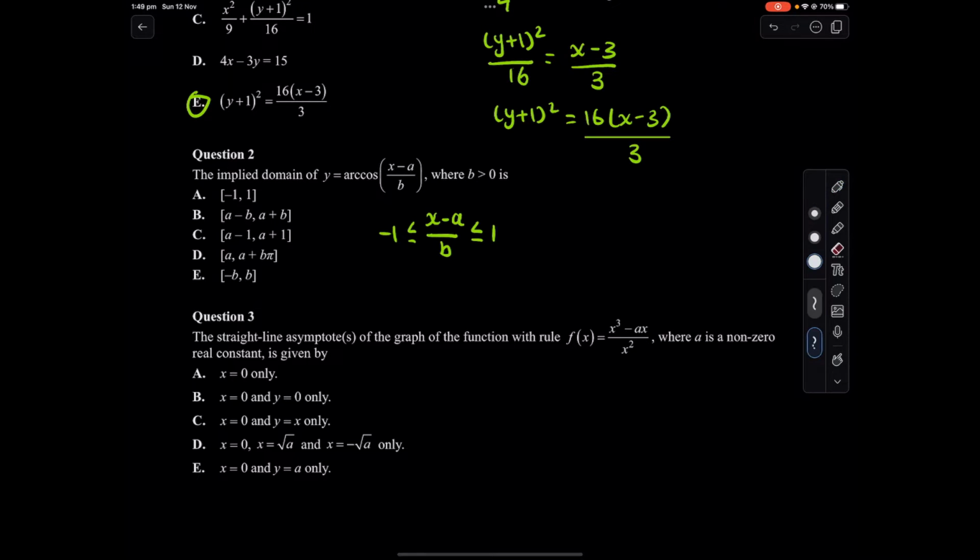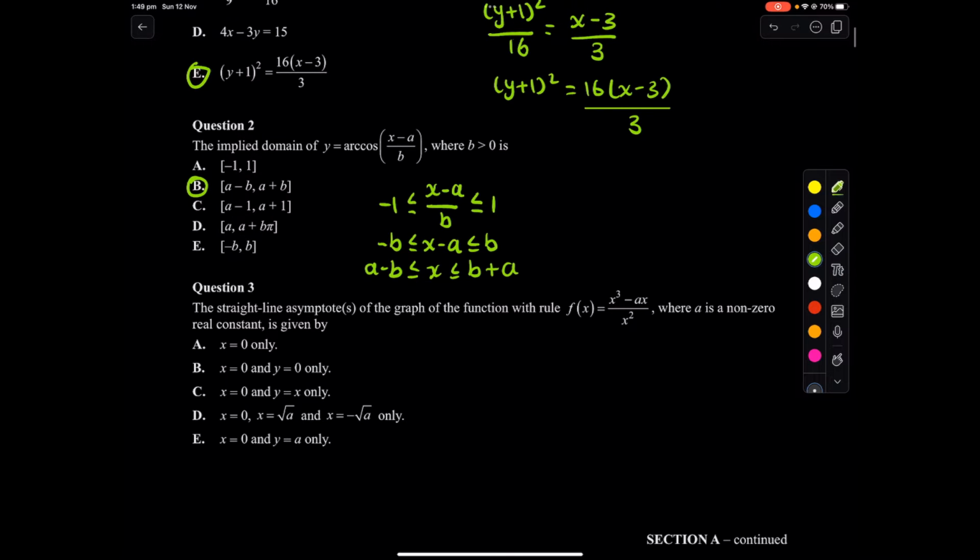So it'll be negative b, that's all less than or equal to x minus a, that's all less than or equal to b. So in other words, a minus b is less than or equal to x, that's all less than or equal to b plus a. Which one does that look like? From the answers, it looks like b is your answer.